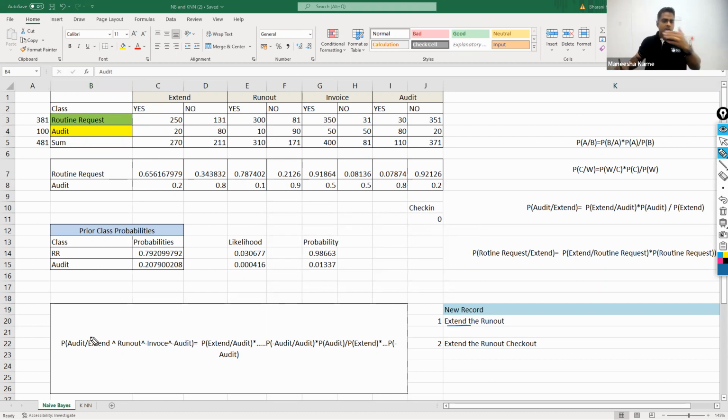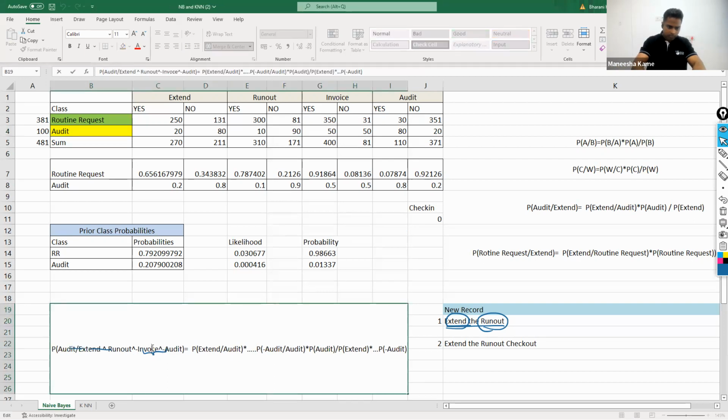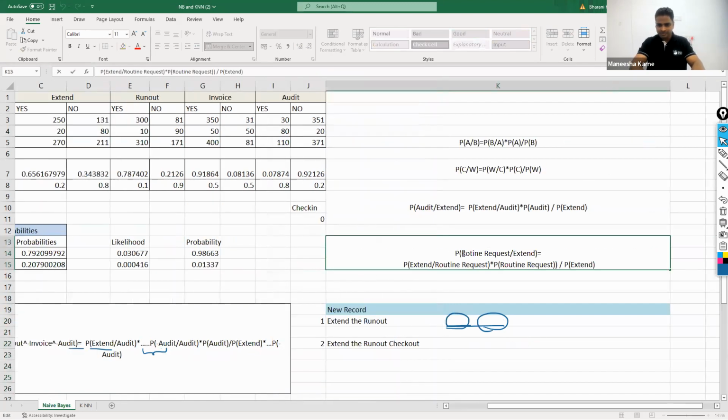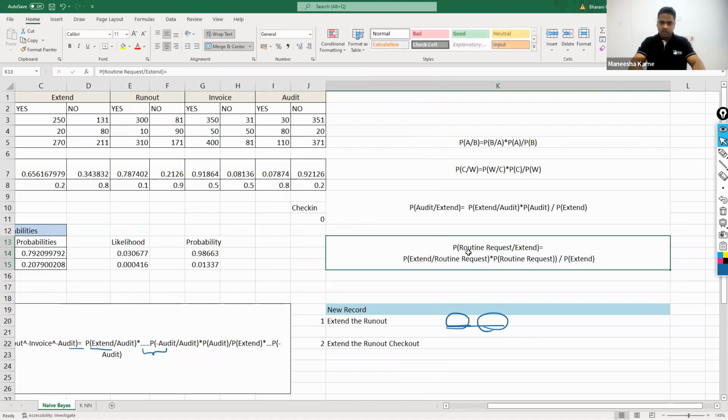So first, let us do it for audit related request. Okay. What is the probability that this belongs to audit, given that it has the word extend and it has the word run out and it does not have the word invoice? Okay.